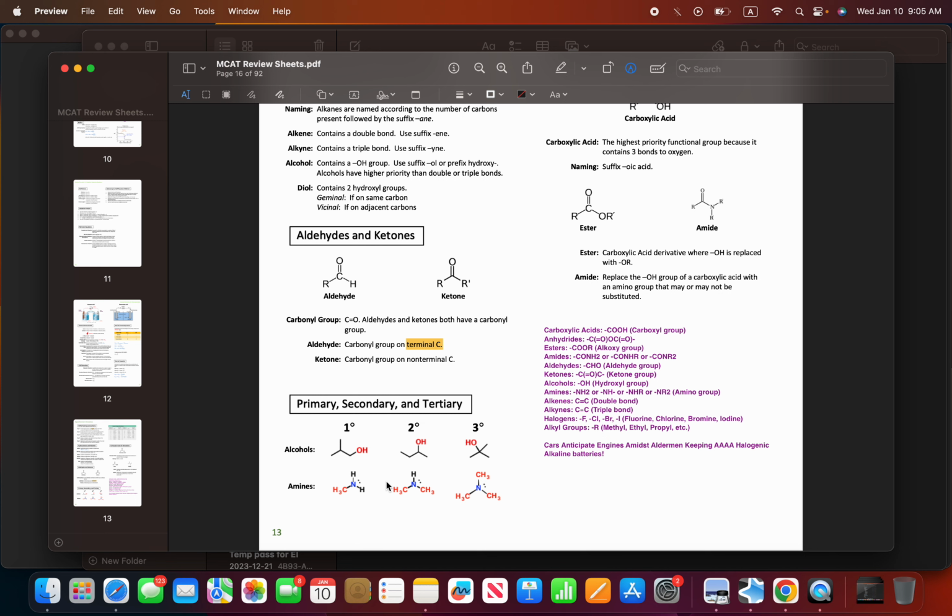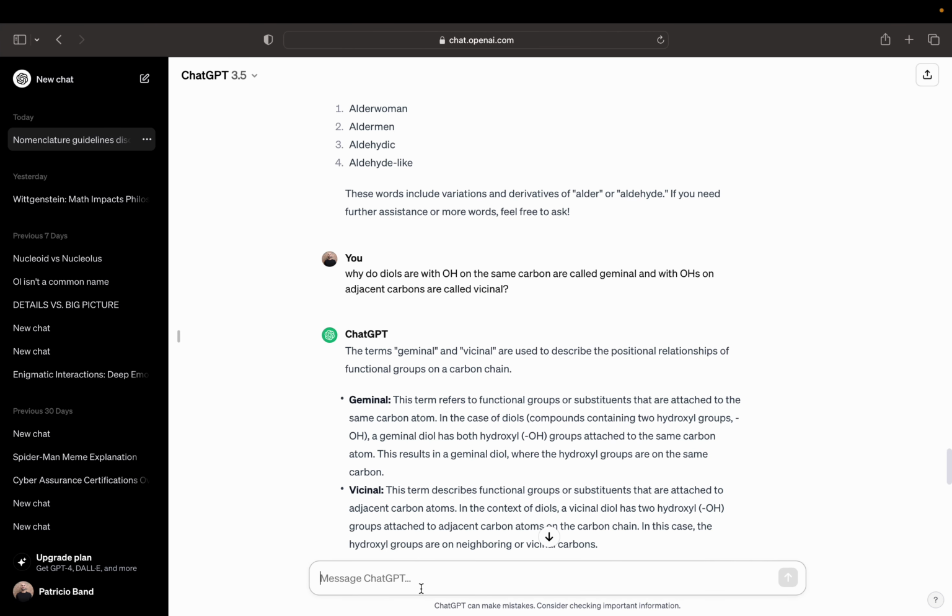Now, which one has a higher priority between these? What is the priority order for primary versus secondary versus tertiary alcohol?